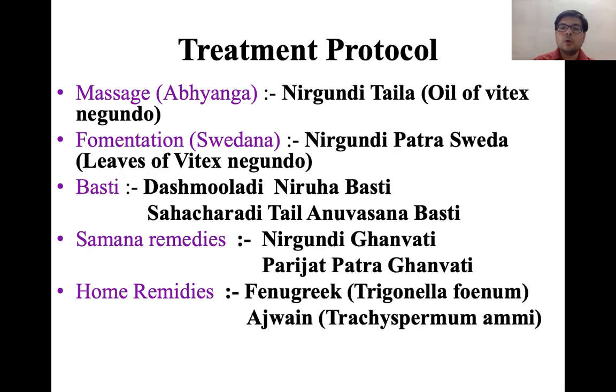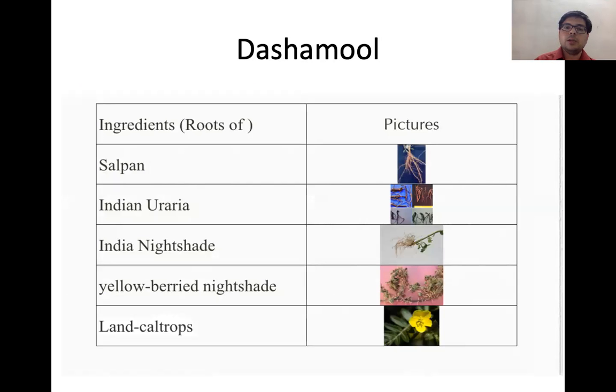And some home remedies, which are very important, play a very important role in combating pain or releasing obstructed vata dosha: fenugreek, in Ayurveda we say methika, and ajwain, we say ajmoda. So this treatment protocol I have followed.